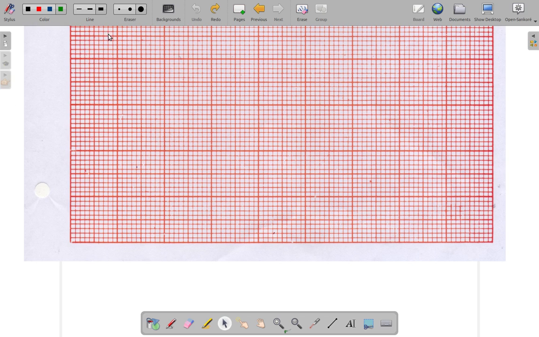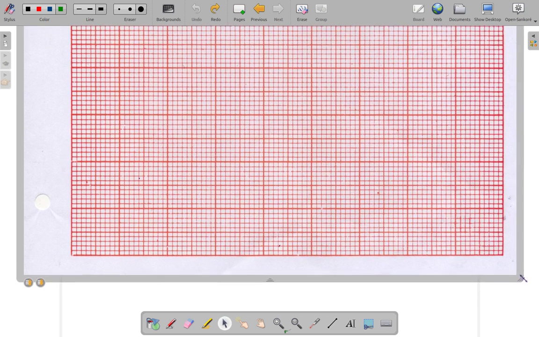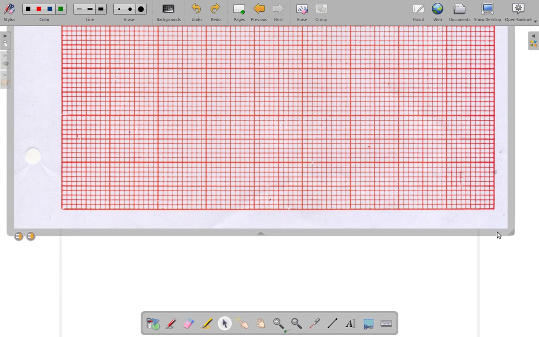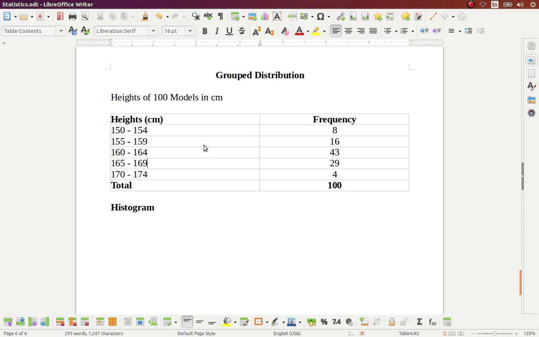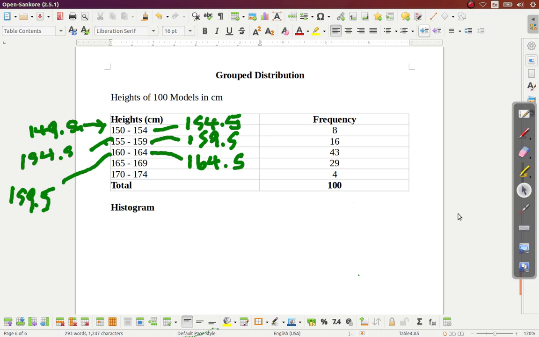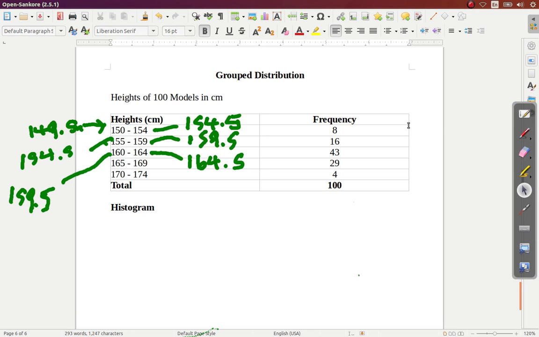a magnified view of the graph paper so we can have a close-up view and idea what's going on. First of all, you know that starting from 0, we show a zigzag to show that some values were left out, and then we started at 150, right at that point, 150.